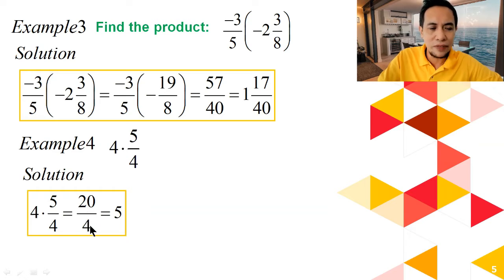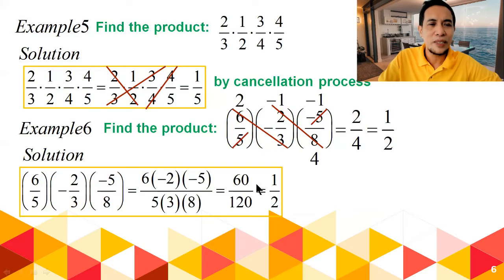So 20 over 4 is equal to 5. So 5 is your final answer. Or simply, you cancel the 4, so the remaining is 5. So the product is equal to 5. Okay, let's go to the next. Example number 5. Find the product. Of course, there are 4 fractions.